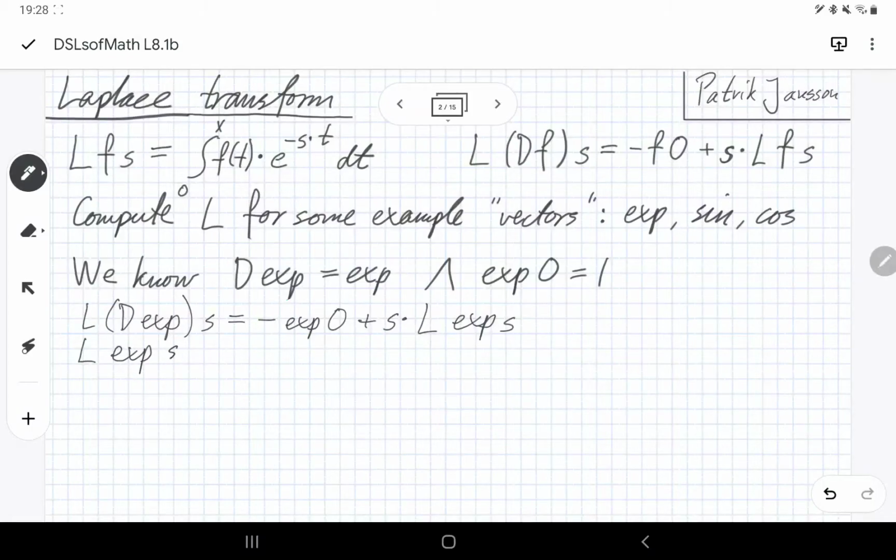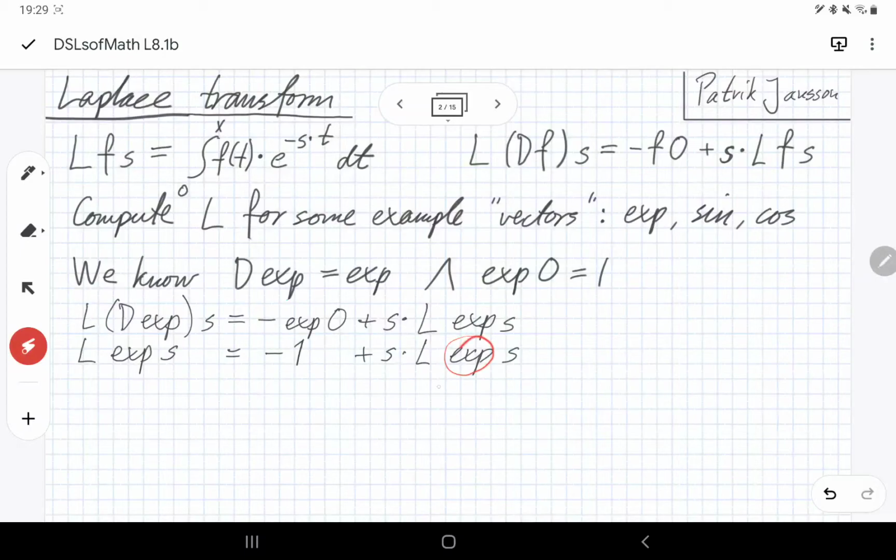L of x at s equals minus 1 plus s times, well, unchanged, L of x at s. I should perhaps remind you here that I'm using Haskell notation for application. So this is the L operator applied to x, applied to s.